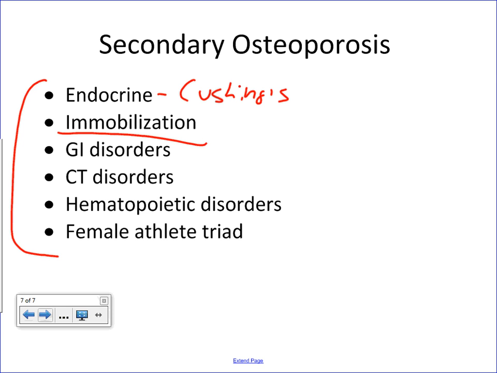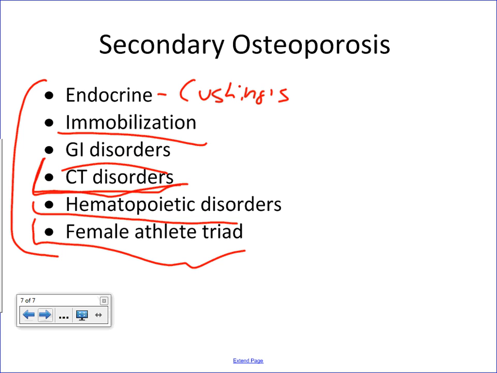If a person is immobilized for whatever reasons. GI disorders, if you're not absorbing calcium, that's going to be problematic. Connective tissue disorders like Marfan's and others. You have to remember bone is a connective tissue, and so there are certain connective tissue disorders that could cause a person to have this. Hematopoietic disorders, blood cell production problems. And the last one is called the female athlete triad.